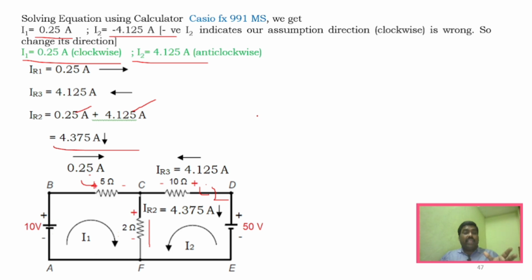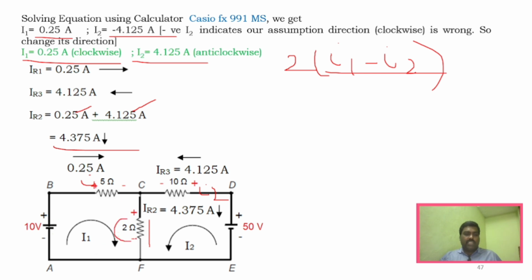Don't get confused here. Even though we are getting a negative sign, we are neglecting it because we assume everything is clockwise, but actually the current flows in this direction. That is why we are adding I1 and I2. If this is confusing, no problem. You have always taken I1 minus I2 when writing 2 times I1 minus I2.